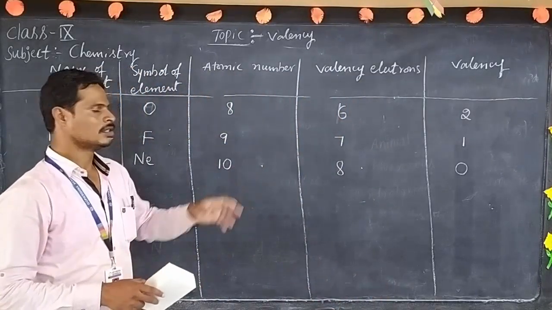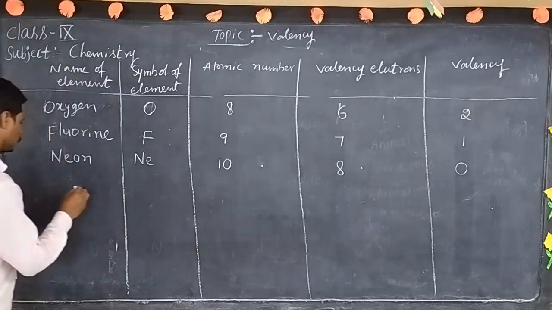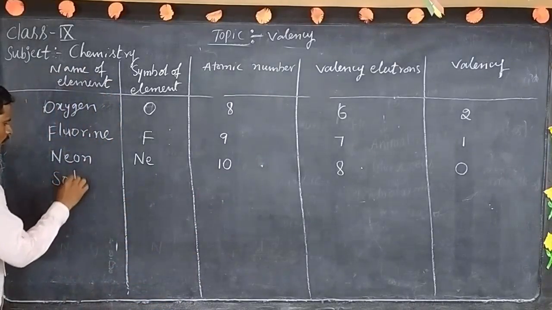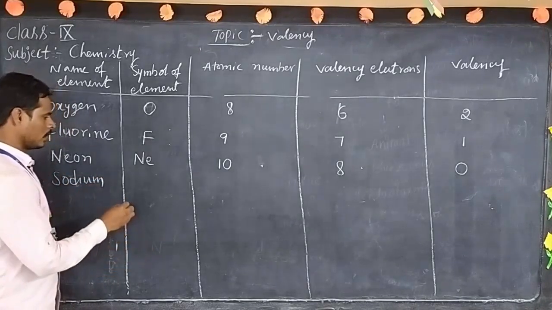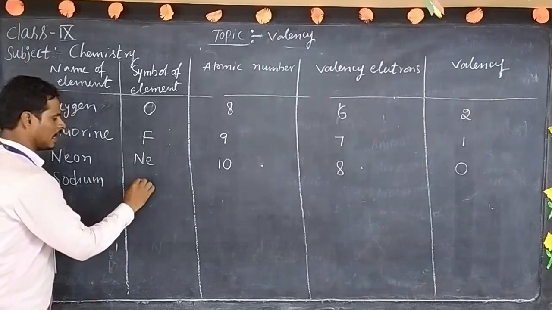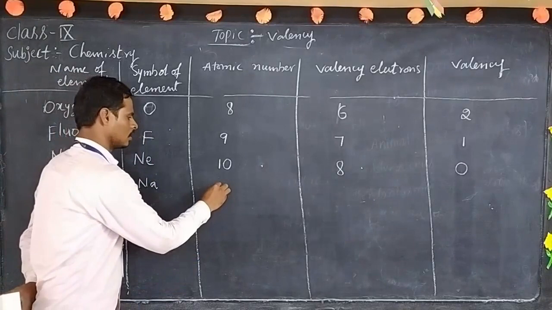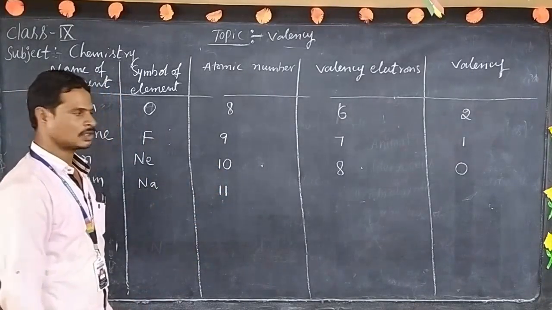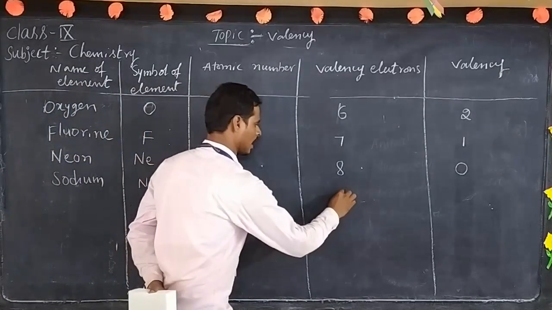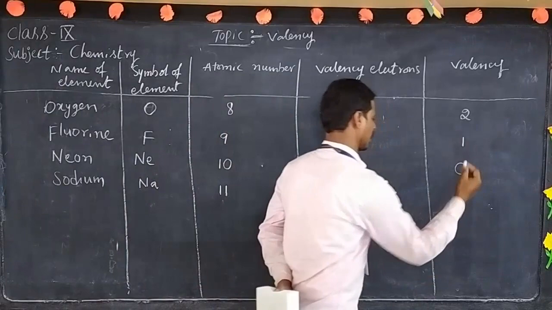That's why it has 0 valency. Next, sodium. Sodium symbol Na. Atomic number 11. Valence electrons present in sodium is 1. Valency of sodium is 1.